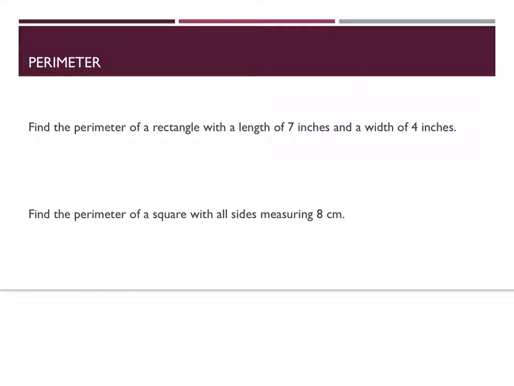If I want to find the perimeter of a rectangle with a length of 7 inches and a width of 4, I would draw a rectangle with a length of 7 and a width of 4. Now perimeter, I just have to add up all the sides. If I've got 4 sides, I need to label all 4 sides.